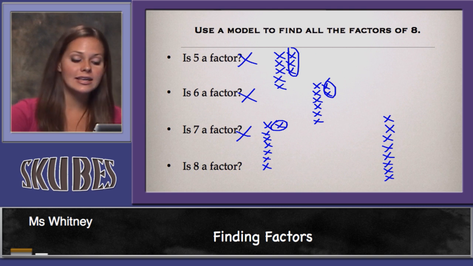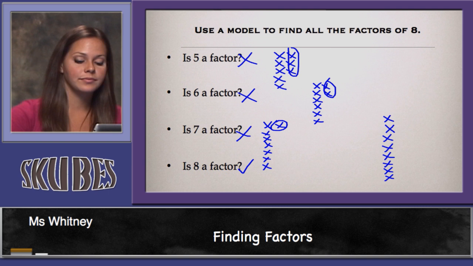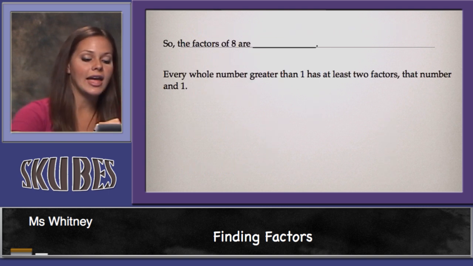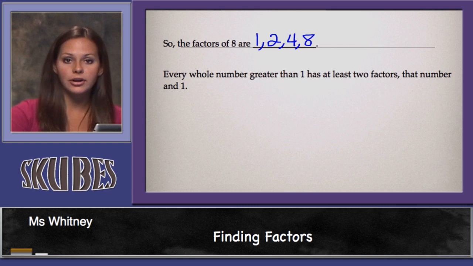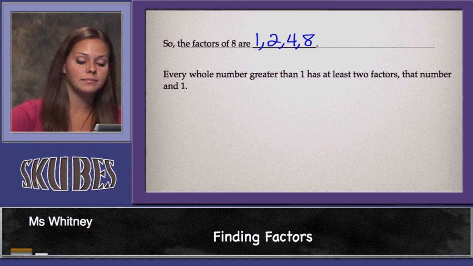So yes, 8 is a factor of 8. So the factors of 8 are 1, 2, 4, and 8. Every whole number greater than 1 has at least 2 factors, that number itself and 1.